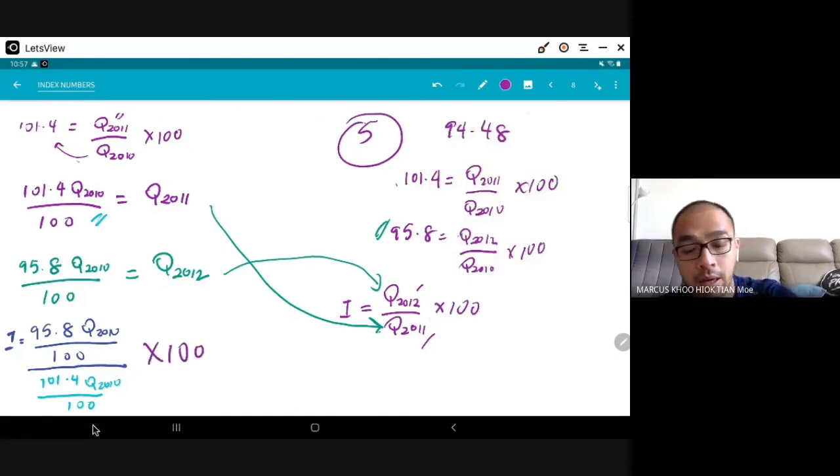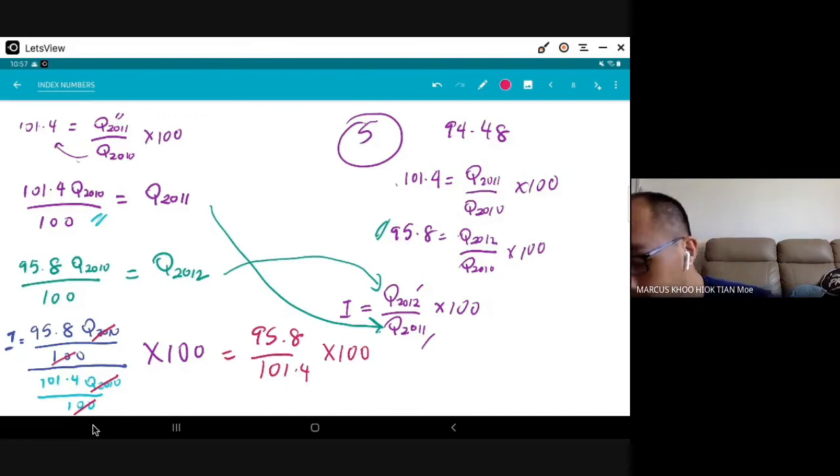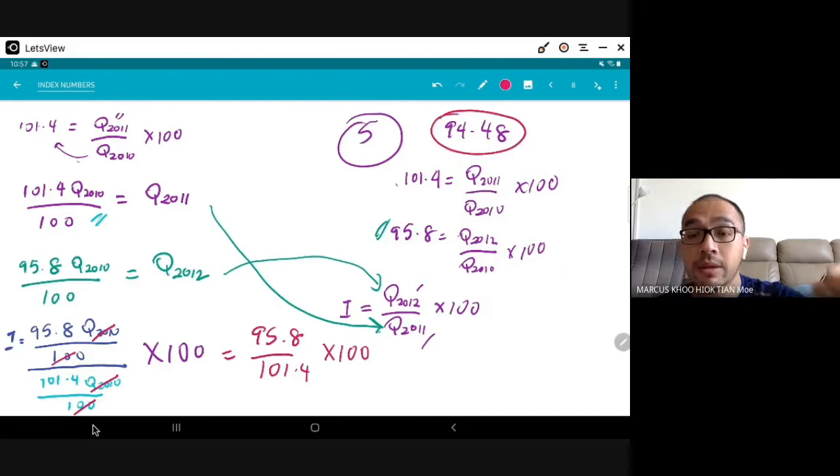Okay, now once again the same thing, because you can cut, it's the same position. You can cut, you're going to get 95.8 over 101.4 times 100. Okay, which will give us, okay, 94.48. Okay, which is exactly Silbury's answer.